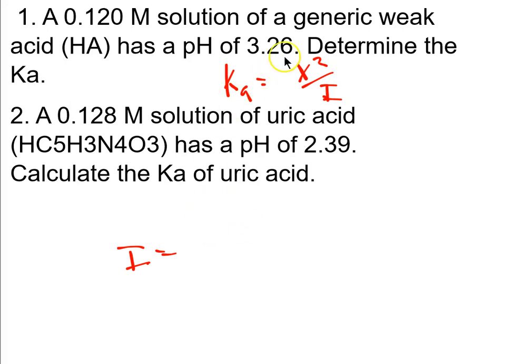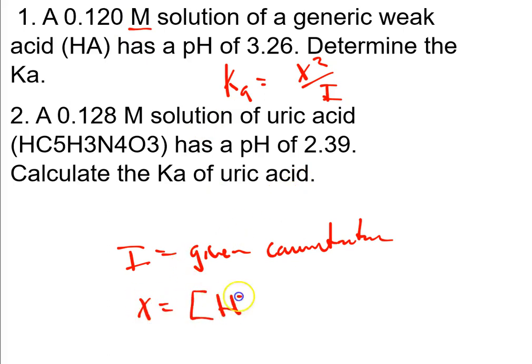All right, the initial is equal to your given concentration, which is right here, right? And X is equal to the concentration of H plus. So this is given to me.